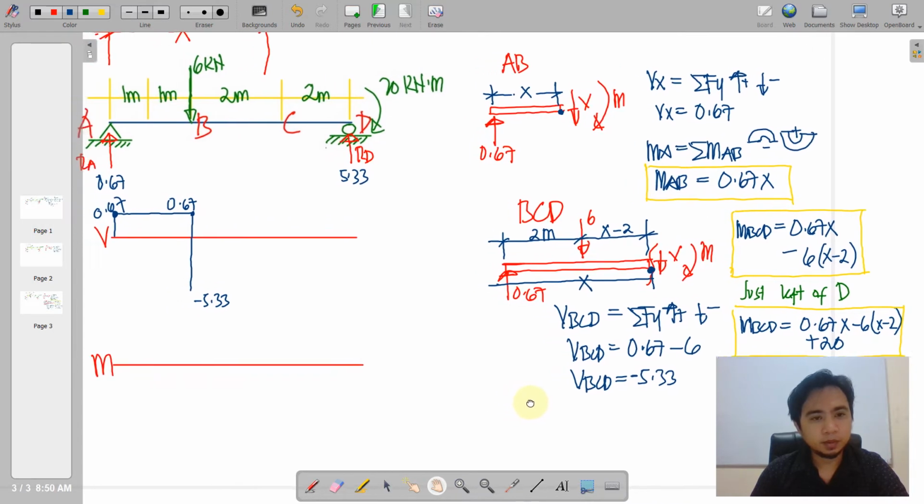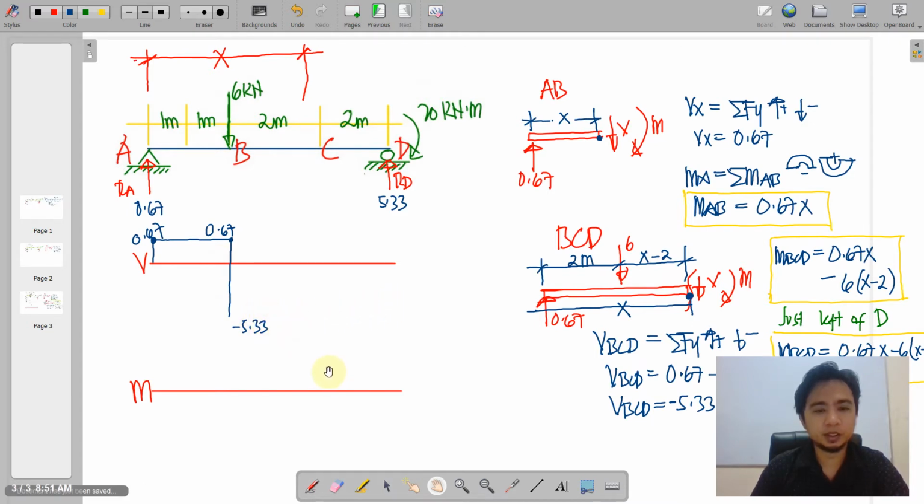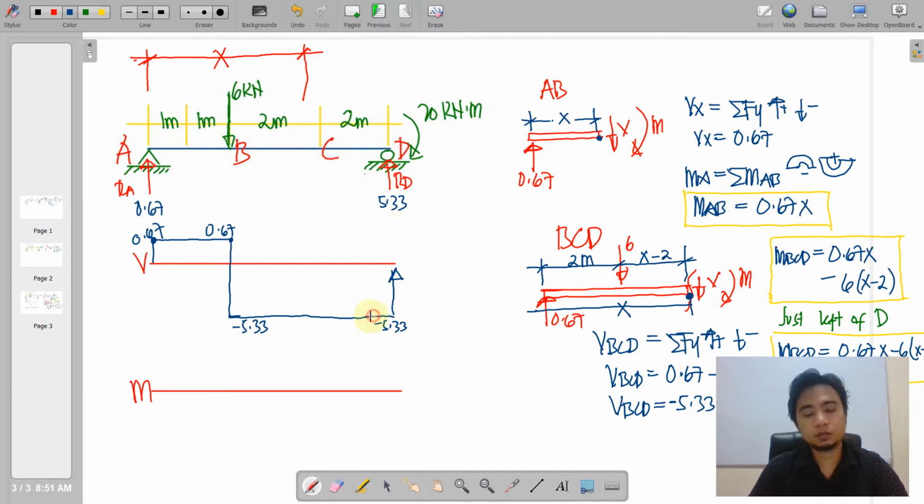All throughout, we have no loading, so it will remain 5.33. And then it will return to 0 because of this vertically upwards reaction at D. So here it is. This is the shear diagram.